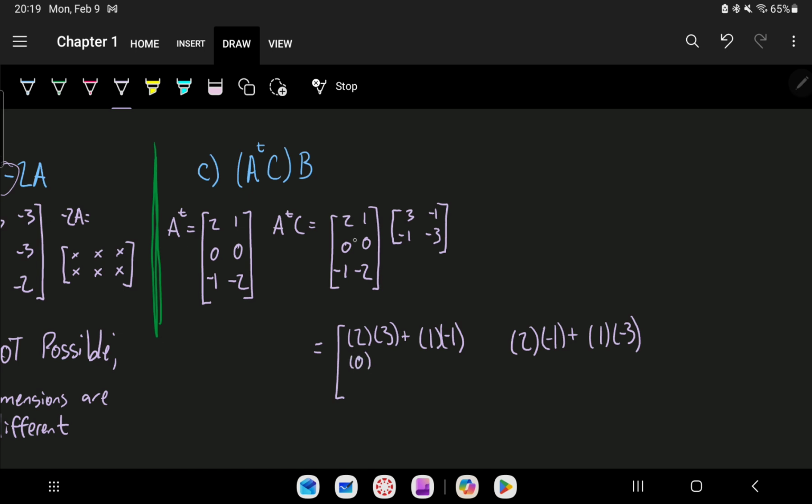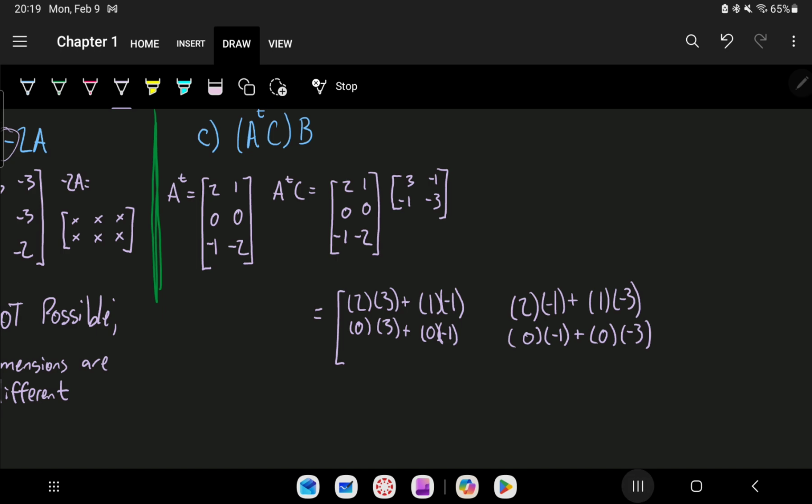This next cell is going to be 0 times 3 plus 0 times -1. And then same deal for the second column of C, 0 times -1 plus 0 times -3, right?